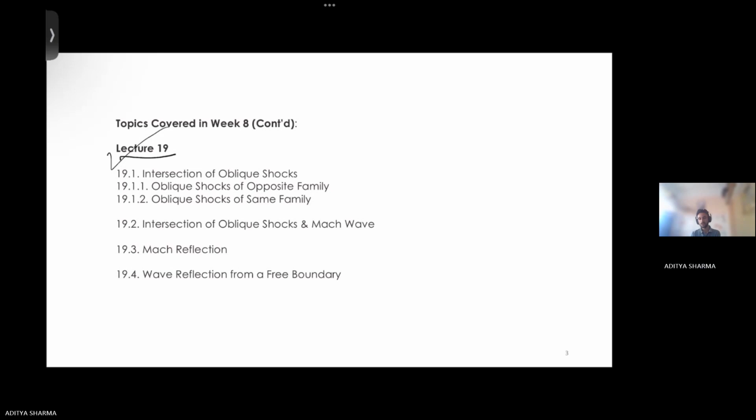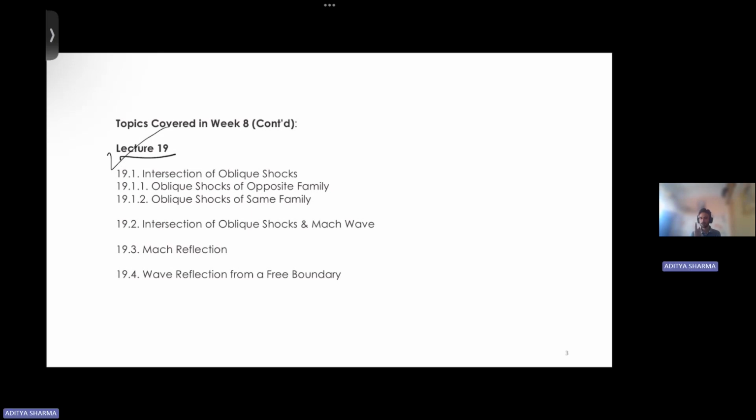What they mean is, if the deflections are in opposite directions. When we were discussing the pressure deflection diagram, we saw that the theta value, the deflection value, can be positive or negative as per the nomenclature.